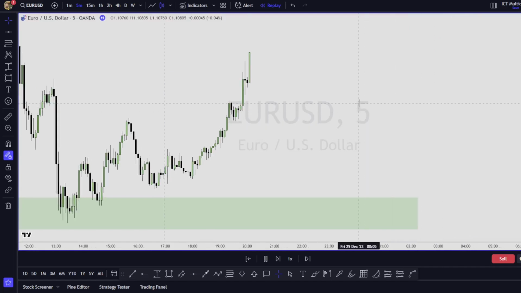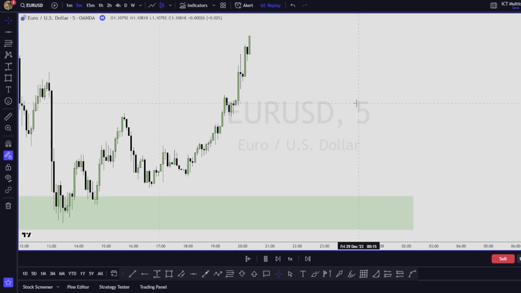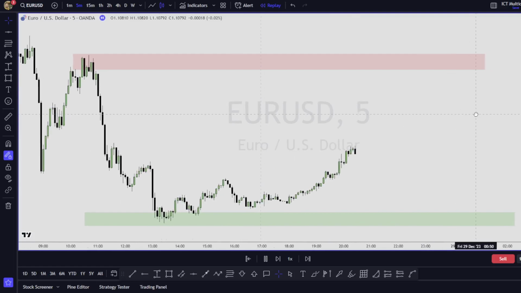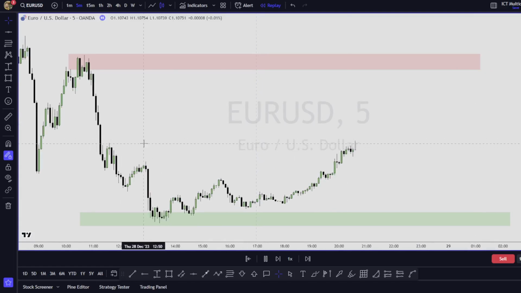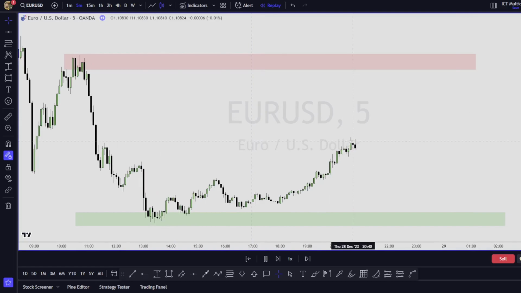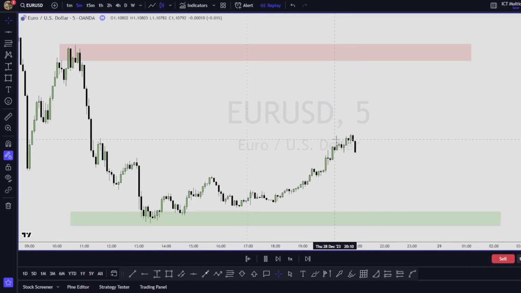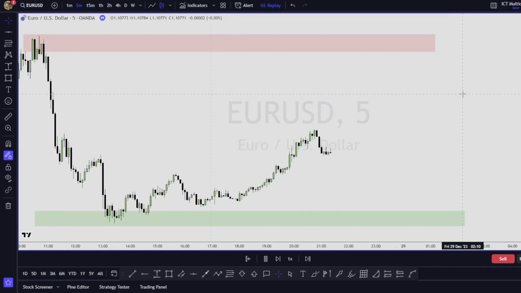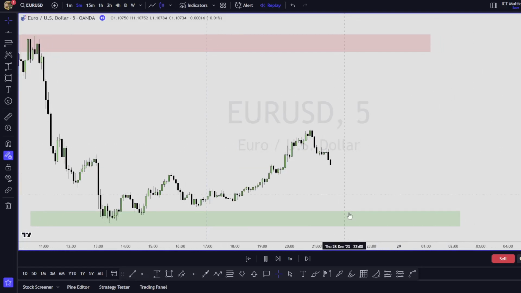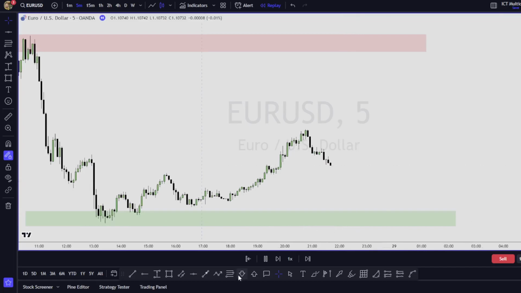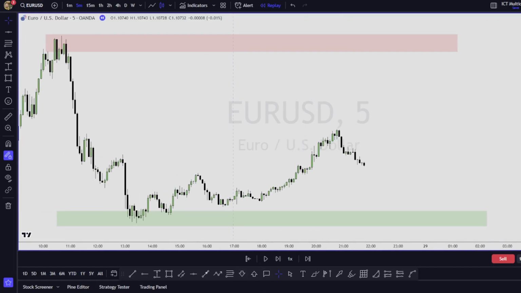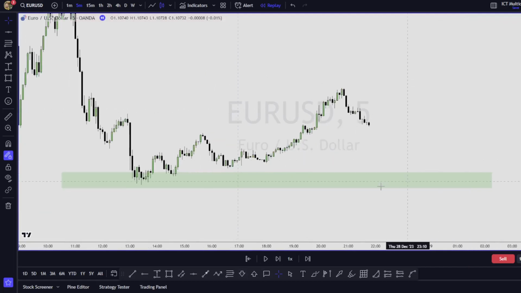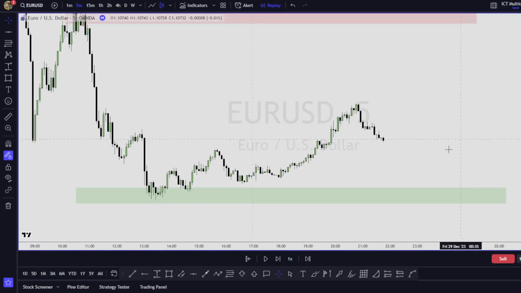This is the last day of the year 2023. So price, after reaching this level, is giving some nice reactions. So if price comes to this level, the previous day's support level, we are going to enter a trade.